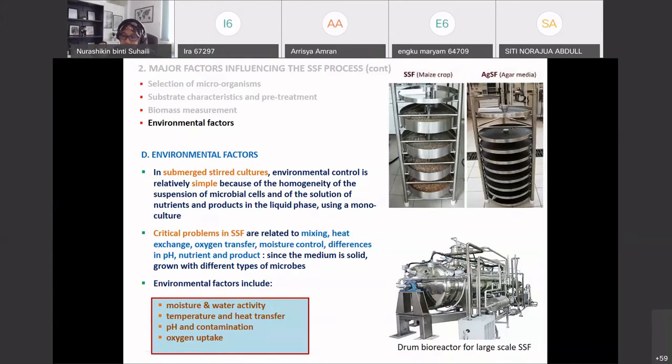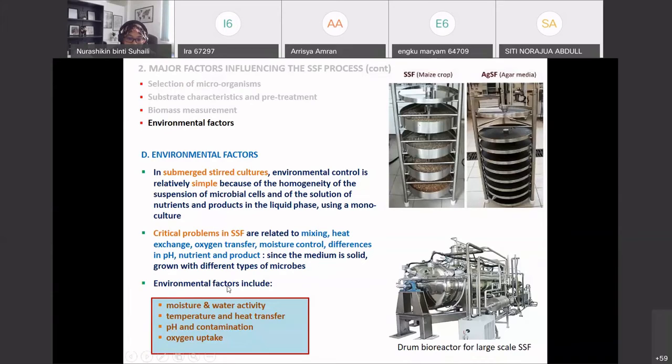If, let's say, the optimal pH is 3, it's very difficult to make sure that the whole substrate, the whole solid, is at pH 3, compared to a liquid culture where you can always stir it, right? Those are the problems in SSF. But still, it needs to be monitored.